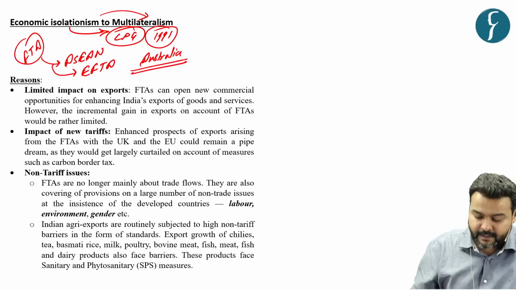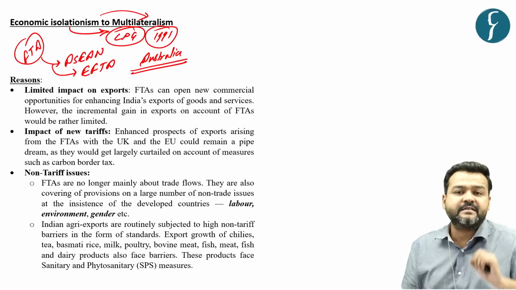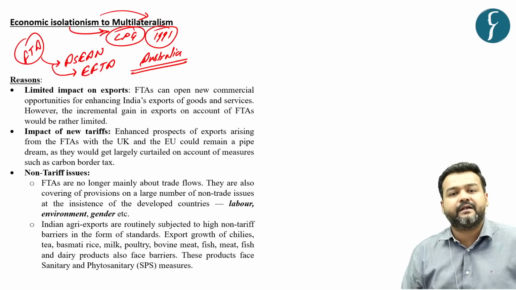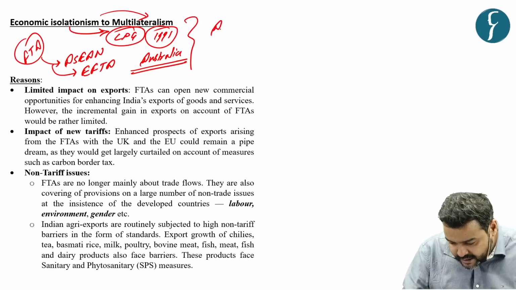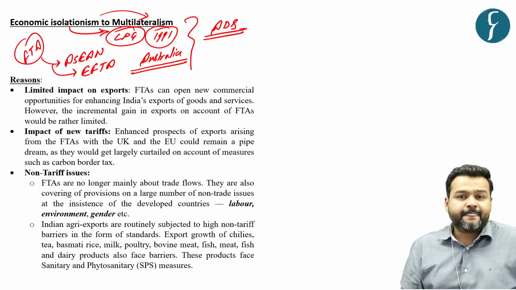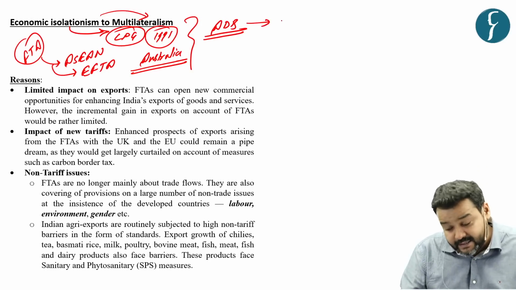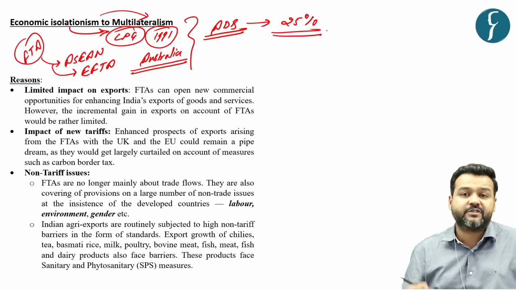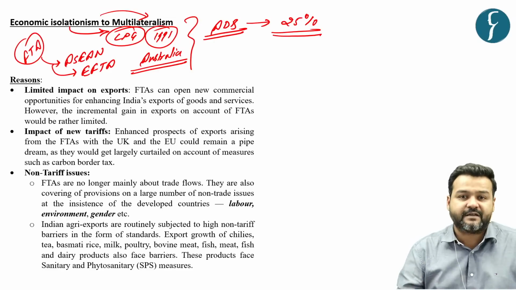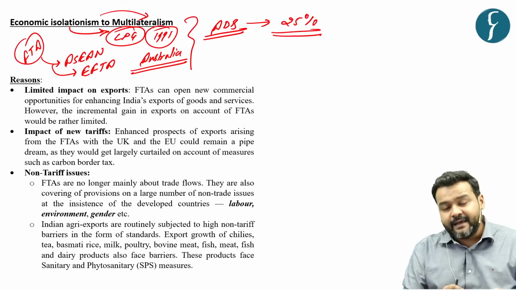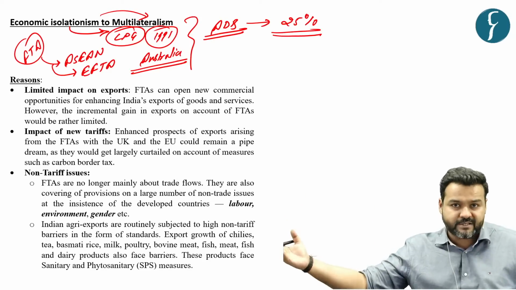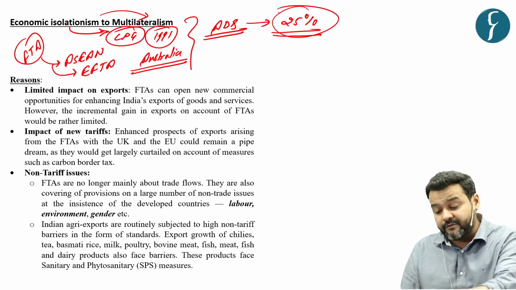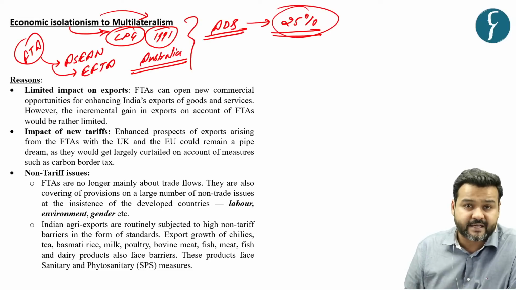But these free trade agreements have impacted India negatively, to an extent that the Asian Development Bank has given data saying India utilized less than 25% of its export potential through these FTAs. So if India could have gained around 100 rupees with export, it has not been able to earn even 25 rupees out of those exports.